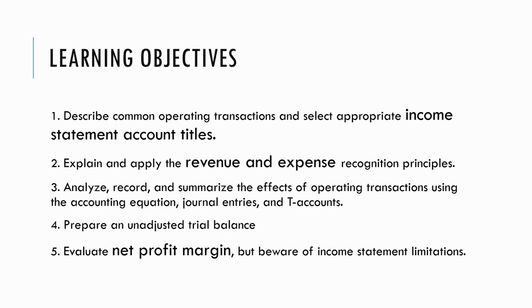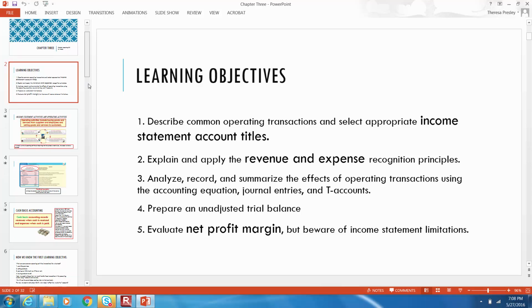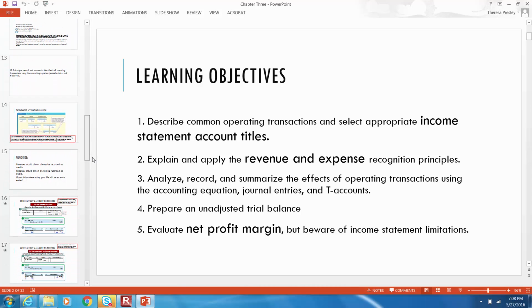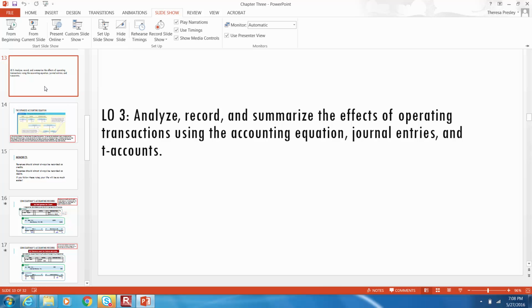We will then prepare what we call an unadjusted trial balance. The last thing we're going to do is evaluate net profit margin, and then talk a bit about income statement limitations. So let me end this show for a moment and get us to slide 13.